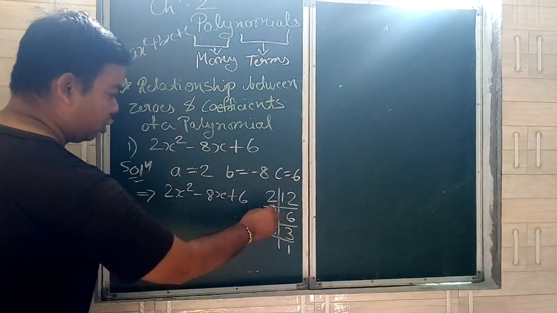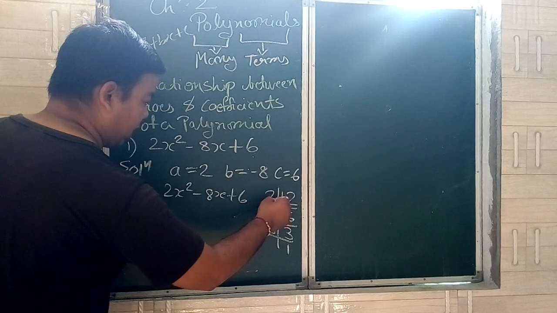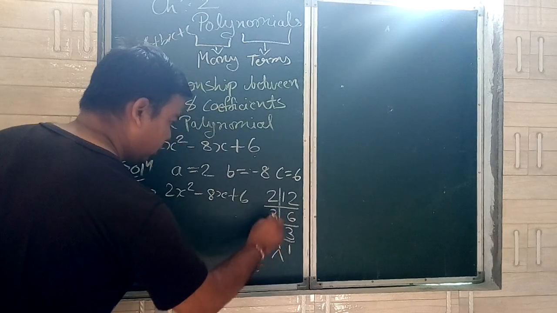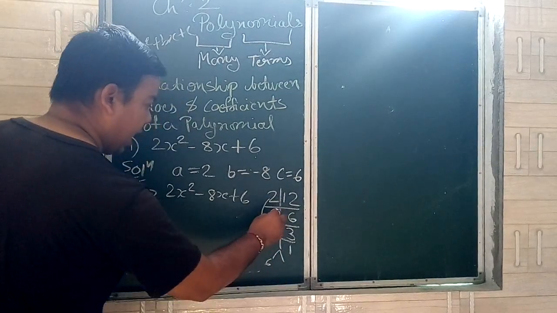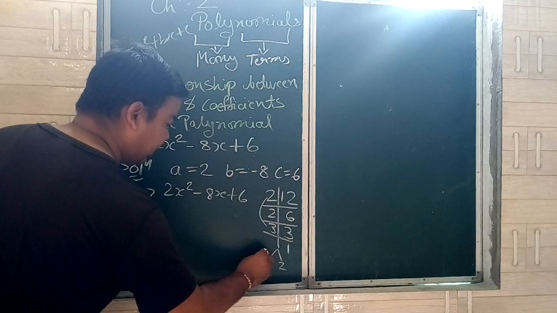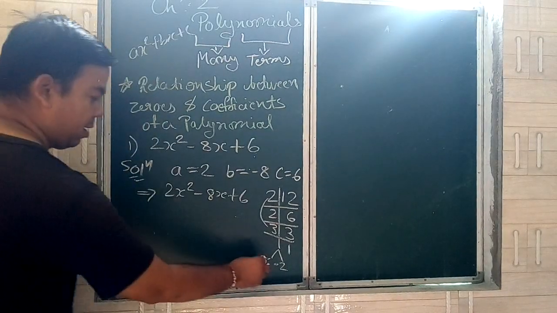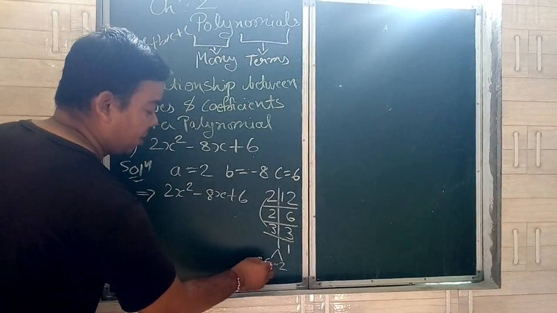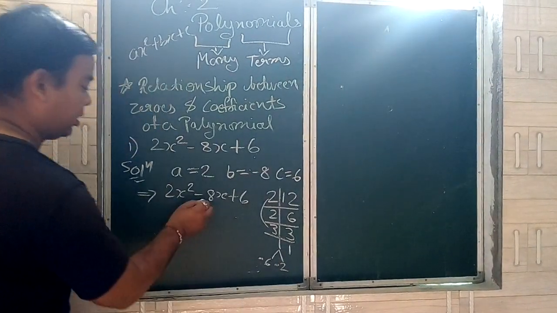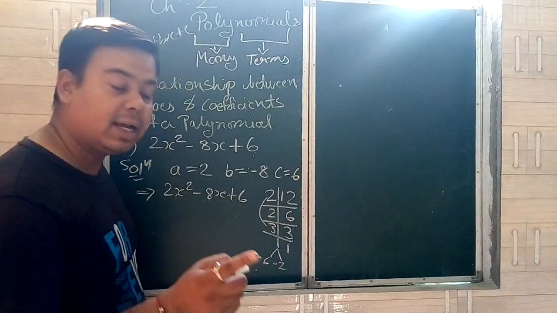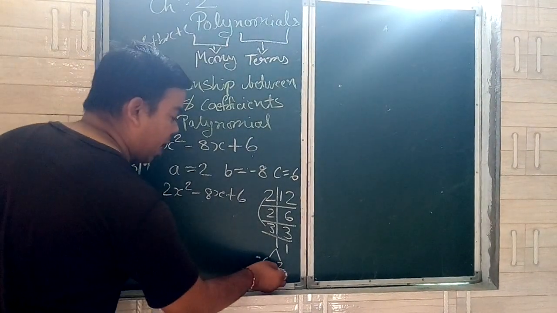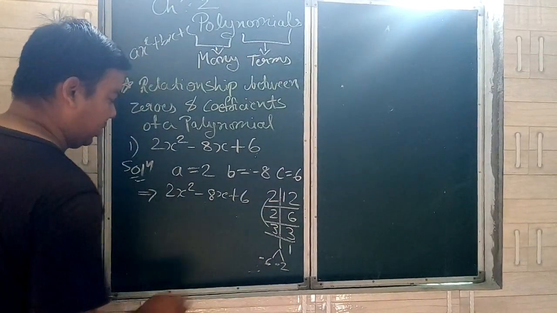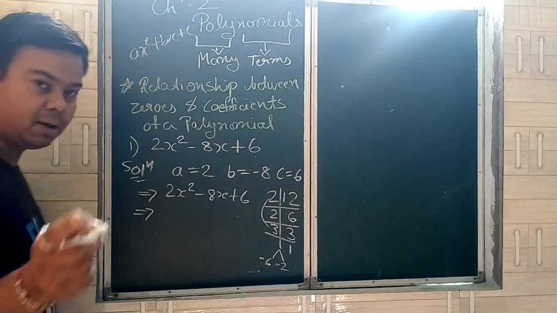So minus 8: 2 times 3 is 6, so minus 6 and minus 2. Why I put the minus sign: both numbers, minus 6 minus 2 is minus 8 if we add, and if we multiply, minus 6 into minus 2 we get 12. So this is our correct two numbers.